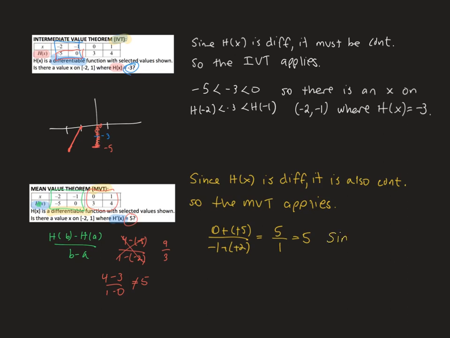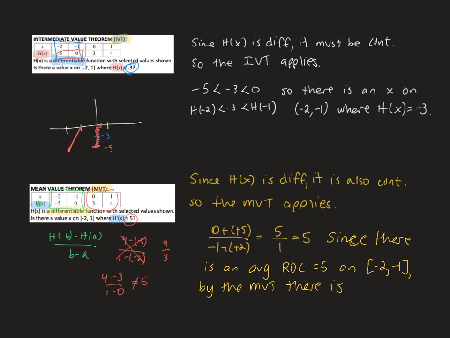So I would say, since there is an average rate of change equal to 5 on the interval from negative 2 to negative 1, by the MVT, there is an x where the instantaneous, okay, I can't spell, but it's okay, rate of change equals 5.